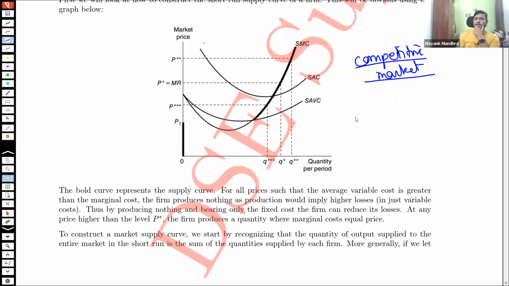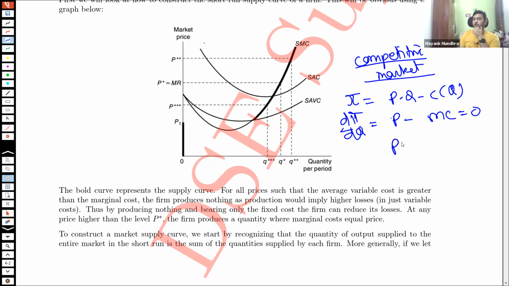So we saw that in a competitive market, the profit function becomes equal to price into quantity minus cost as a function of quantity. So when you do d pi by dq, it becomes equal to p minus marginal cost, which should be equal to 0. So price must be equal to marginal cost. So in short run, this should be equal to short run marginal cost.